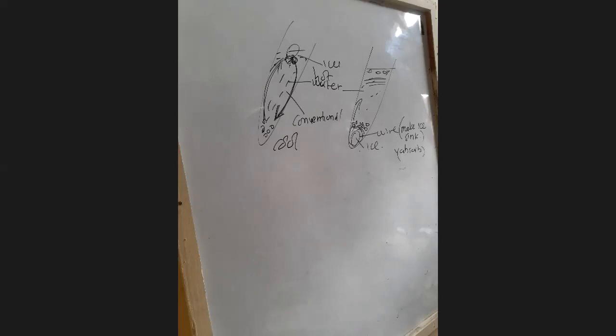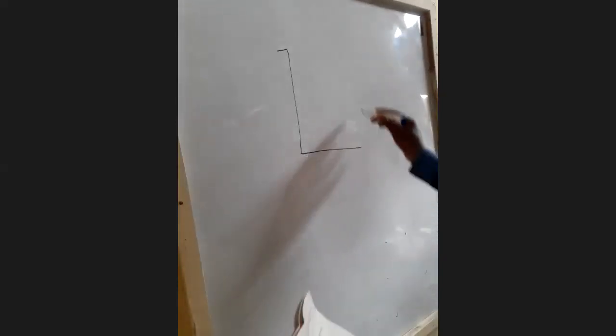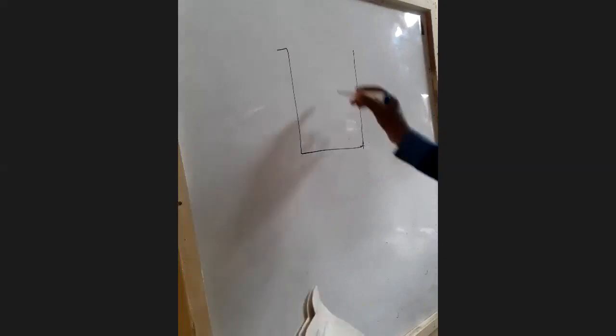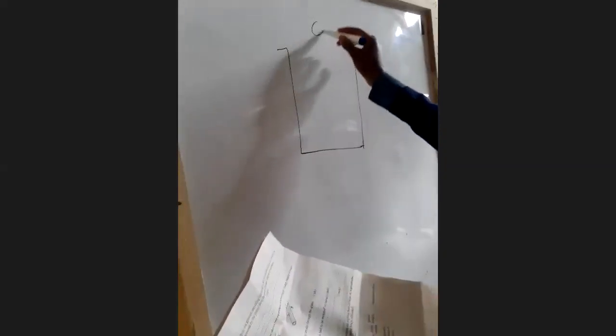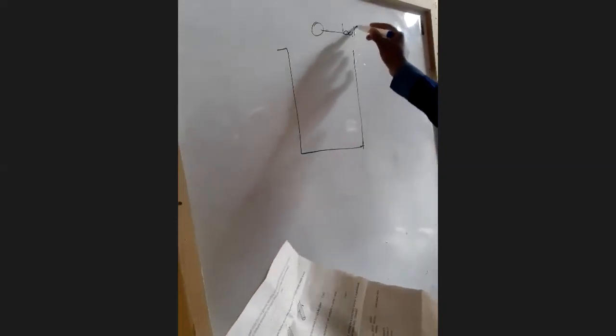Now, when a body is immersed in a fluid, like in this case here, let's say we have a ball bearing here. So this is our ball bearing, and this is the fluid.